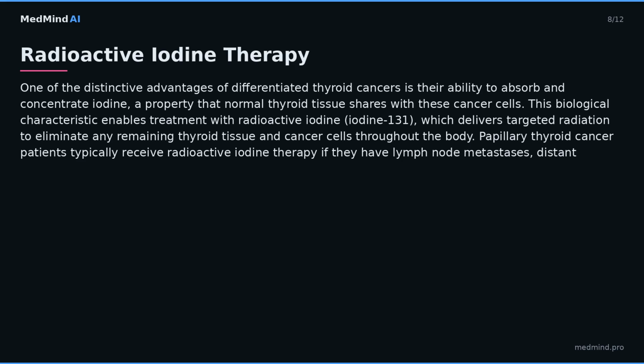This therapy cannot be administered to thyroid cancer patients who lack iodine uptake capability, making the differentiated status of these cancers a critical therapeutic advantage. Modern approaches carefully balance the benefits of radioactive iodine in eliminating cancer cells against potential side effects from radiation exposure.